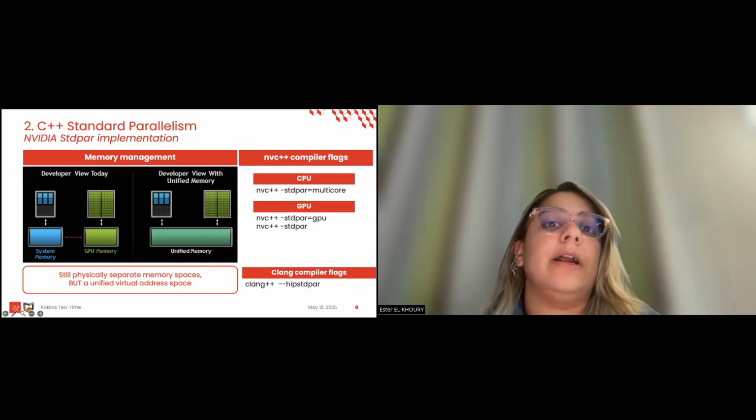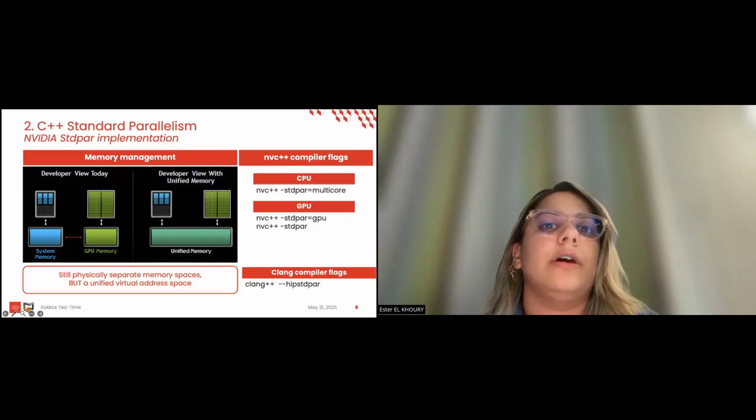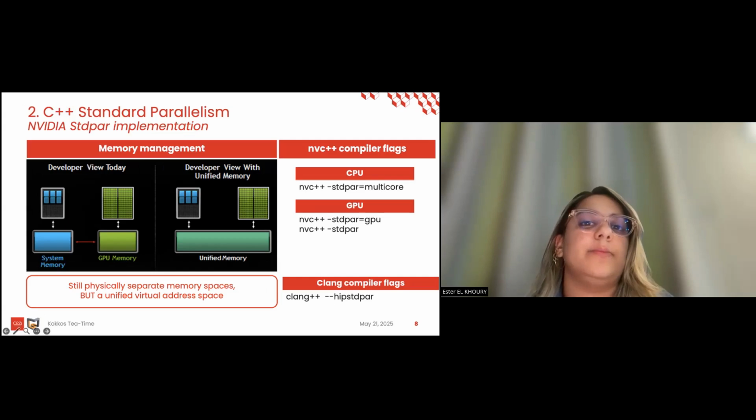We can compile our code on NVIDIA GPUs by using the flag -stdpar, or on CPU using -stdpar=multicore, and we have to use the NVC++ compiler. For AMD GPUs, we can use the Clang compiler, and we have to add the flag --hipstdpar.